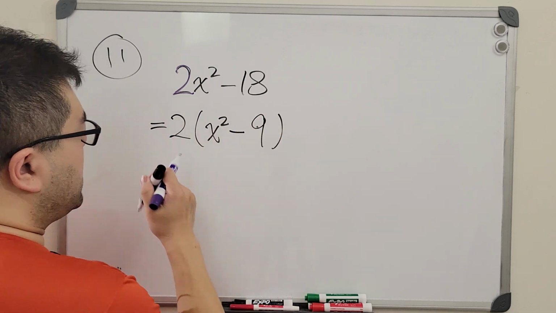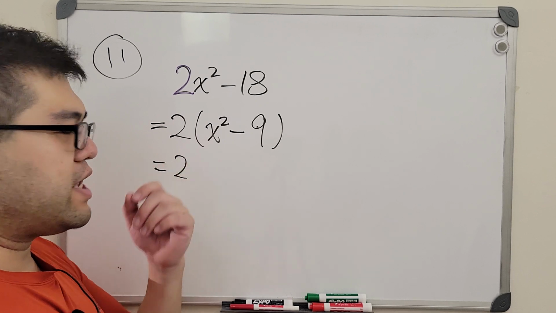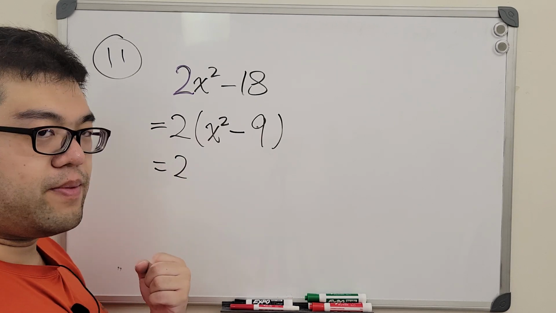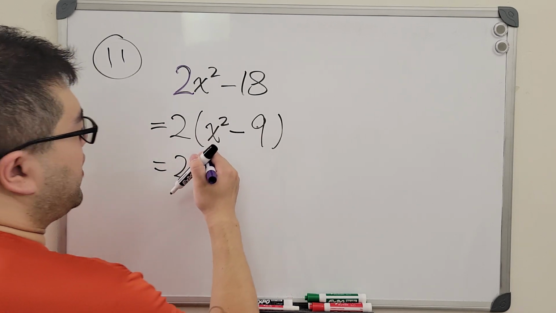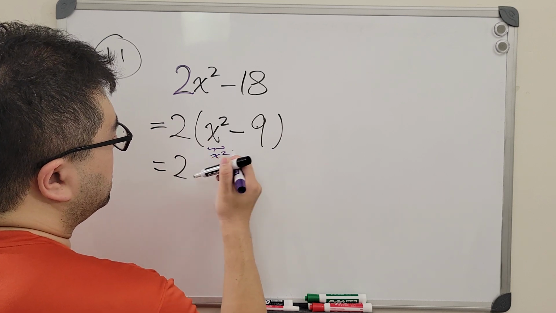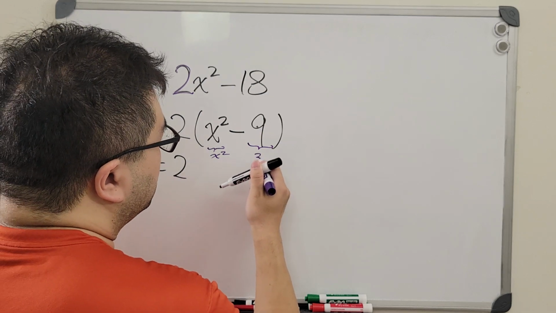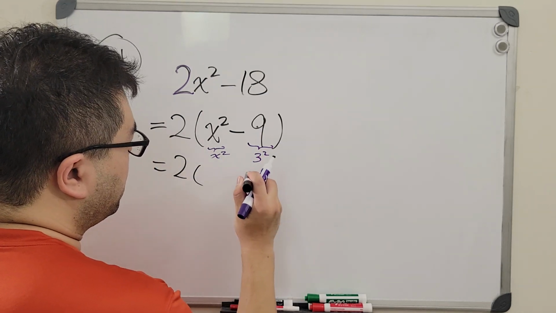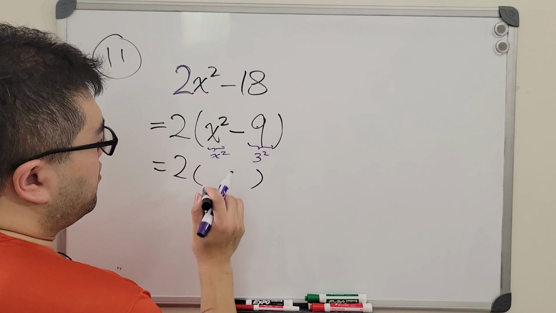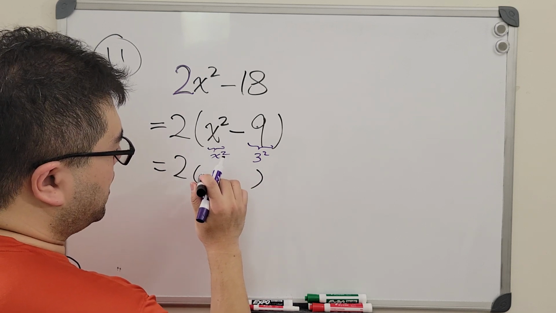So now if we look at everything inside parentheses and set it as a squared minus b squared, we'll be able to find out that our a is simply x, and our b would be the square root of 9, which is 3. Meaning we now can factor one more time by using the formula that we started off with at the beginning.